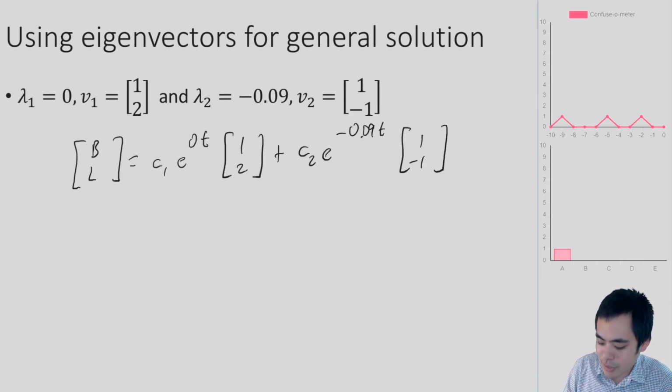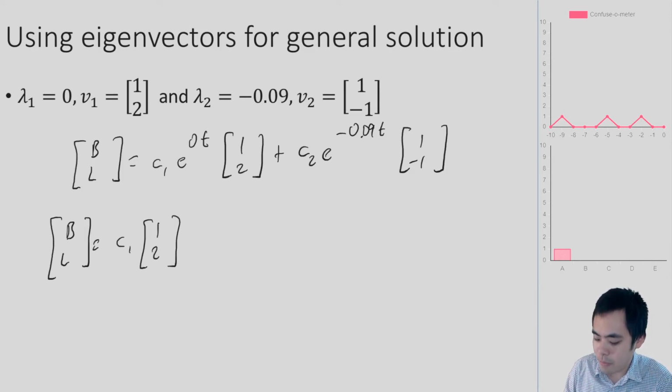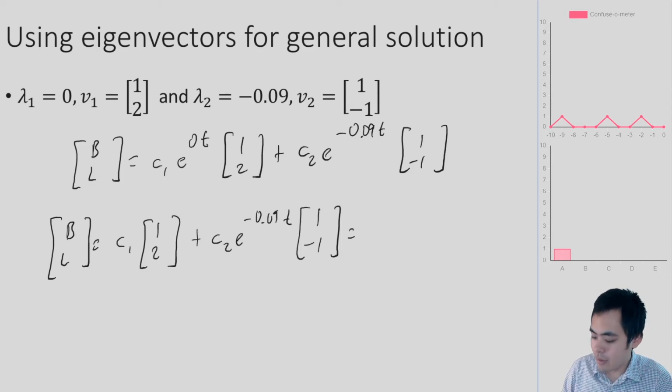You can rewrite this: C1 times 1, 2, because e to the 0 is always equal to 1, plus C2 e to the minus 0.09t times 1, minus 1, which is precisely C1 plus C2 e to the minus 0.09t, and 2C1 minus C2 e to the minus 0.09t.